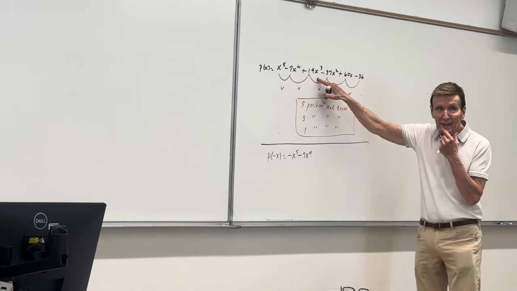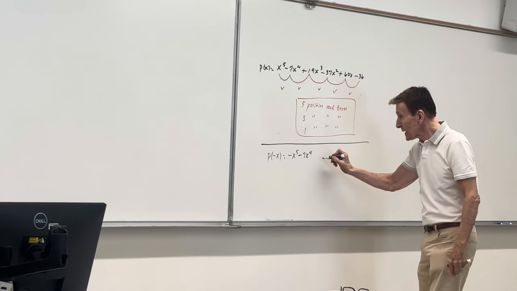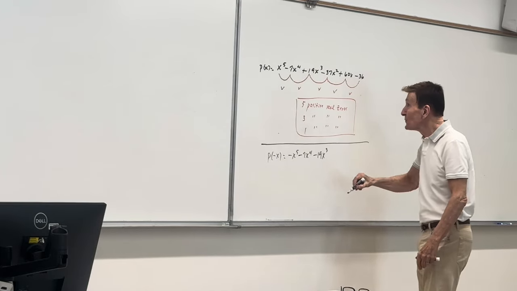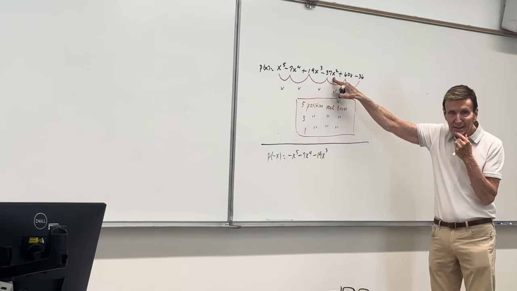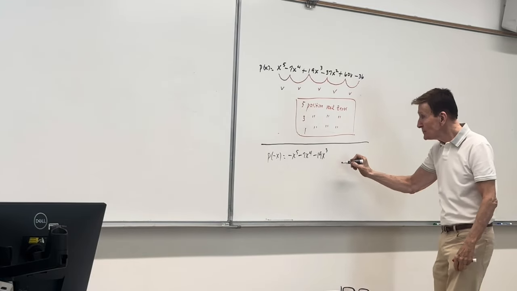Here I'm replacing x by negative x, cube it, get negative, times 19, still negative. Okay. Down here, replace x by negative x squared, that's positive, times the negative 37, negative.